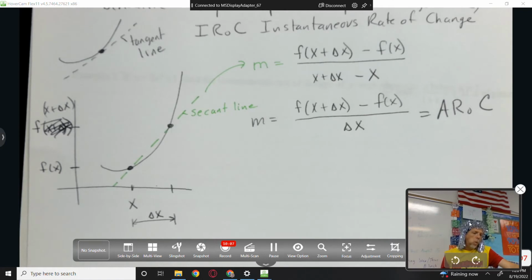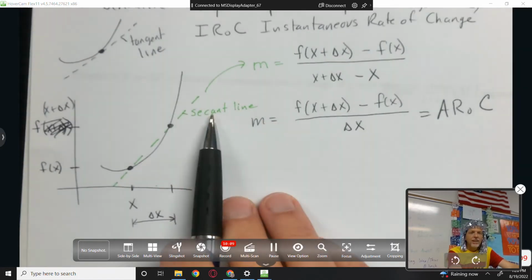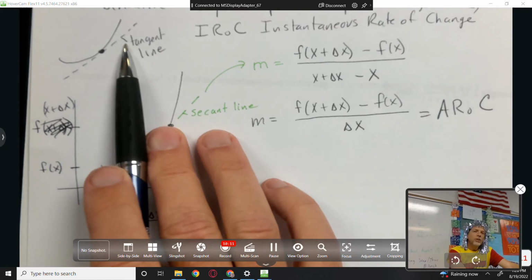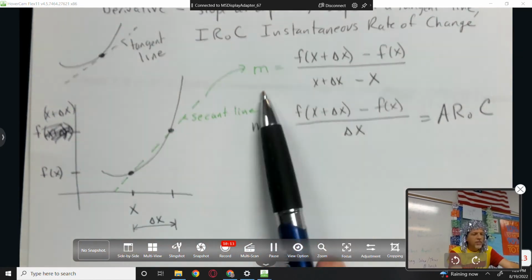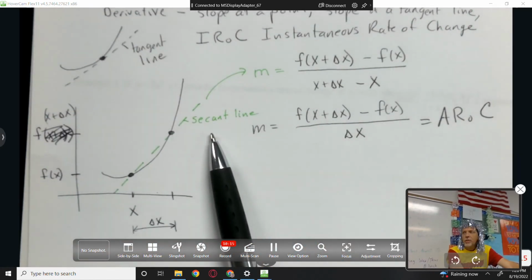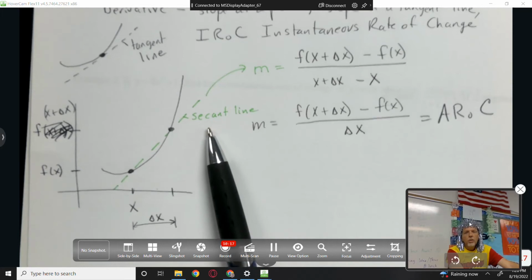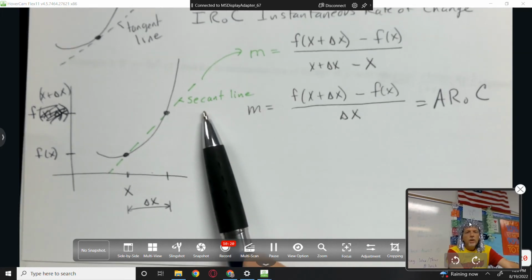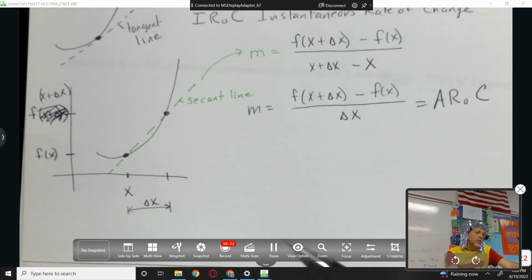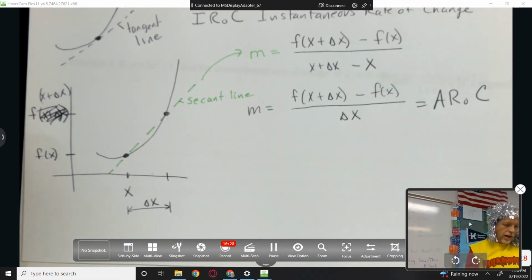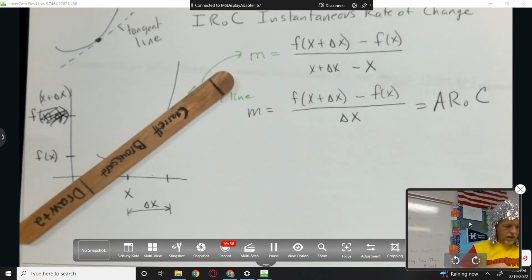Now, if we want our secant line to be closer to our tangent line, so if we wanted this to be like a good approximation of the tangent line, what value, like on my picture, would I need to change, and how would I need to change it so that my secant line became more like my tangent line?